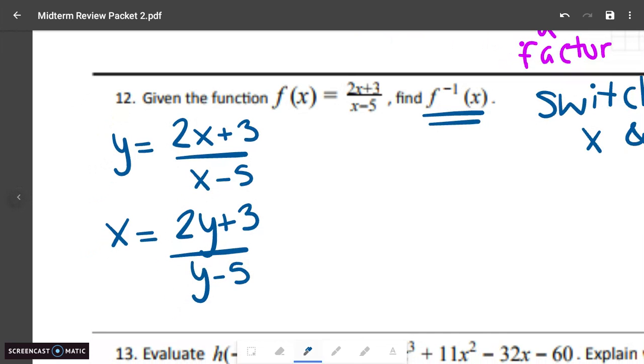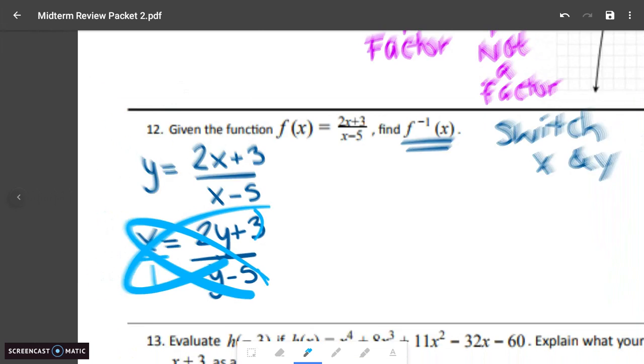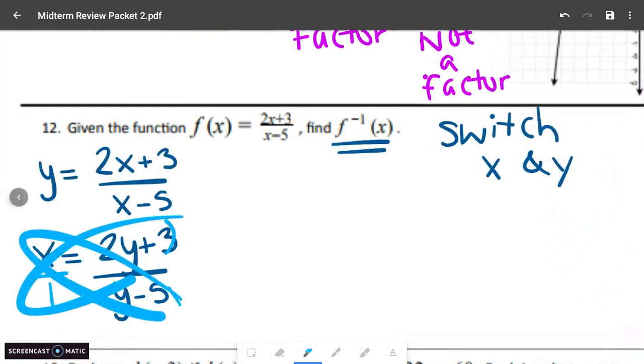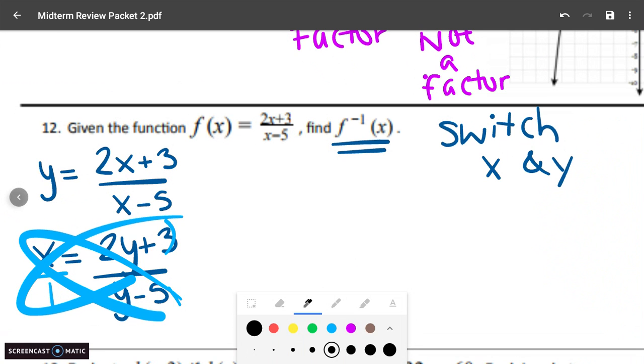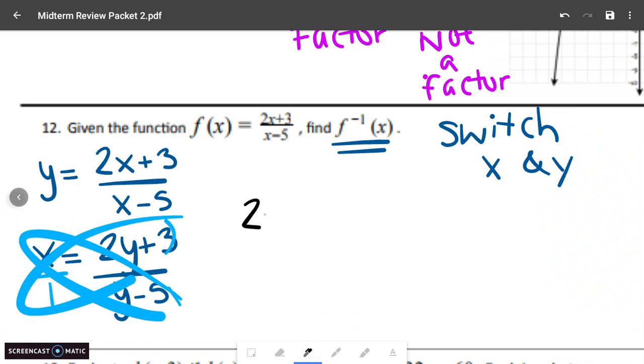Now what we can do nicely in this case is stick x over 1 so that we can cross multiply. So after I cross multiply, I'm looking at 2y plus 3 equal to xy minus 5y. Excuse me, 5x.